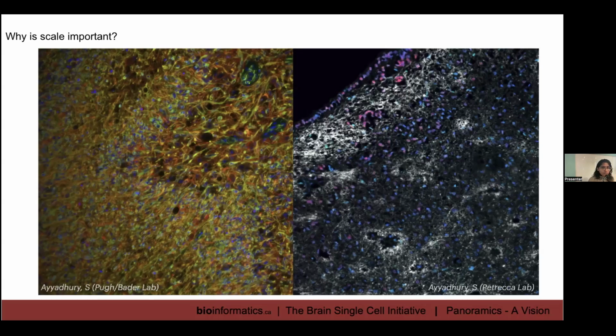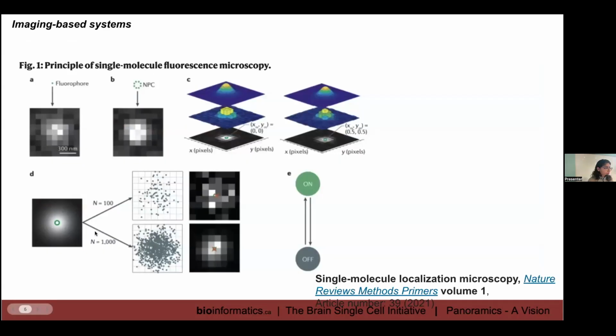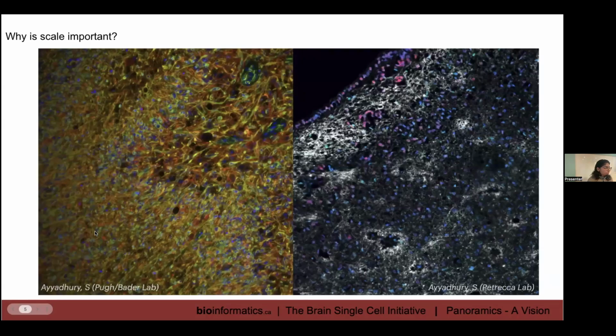Why is it important to understand whether there is a need for domain identification? It really depends on your tissue context. So here on the left, you have a single blood vessel. But you look at the way the cells are structured here, as compared to the packed nature of your cells at the bottom left. When you look at these images, how many of you actually ask yourself these questions?